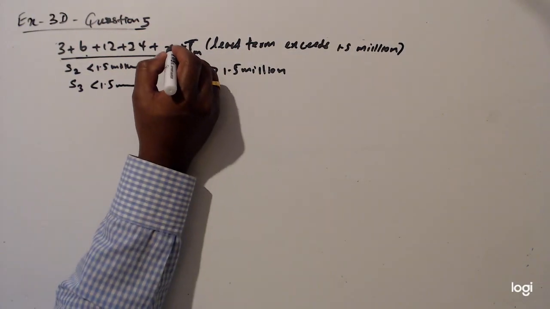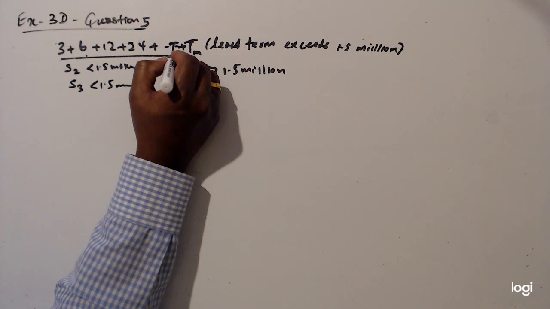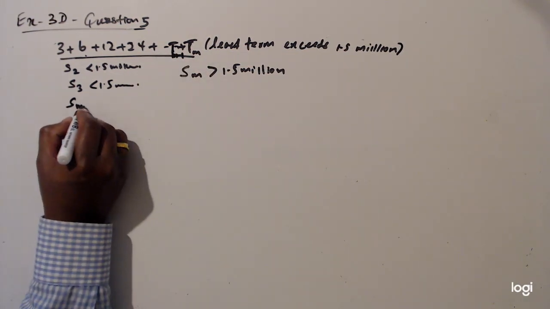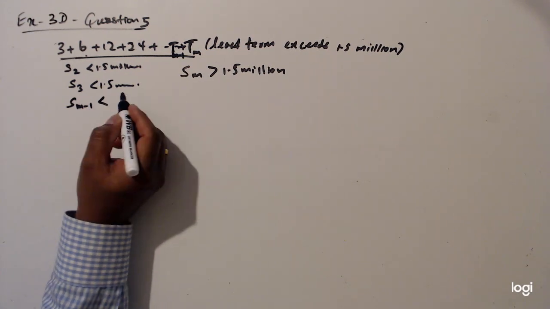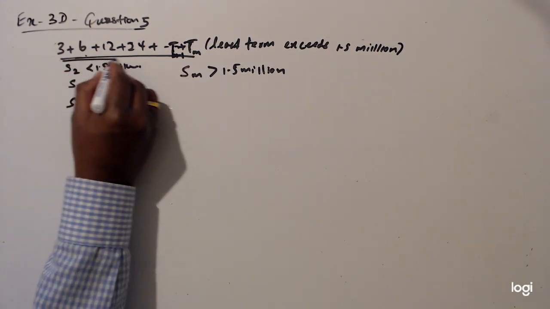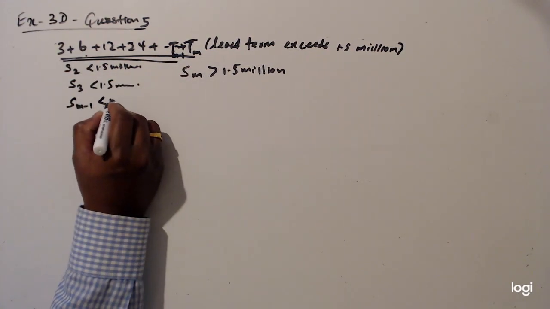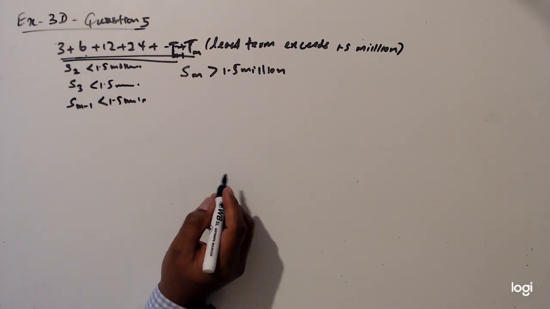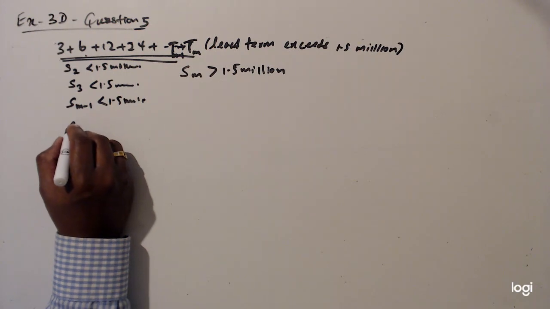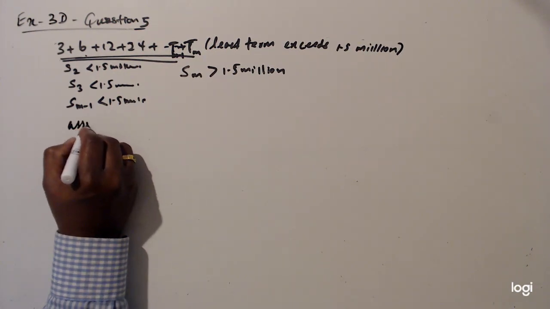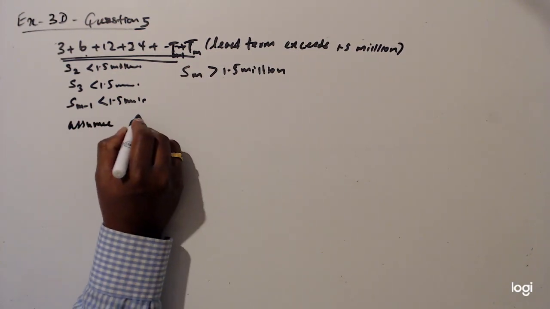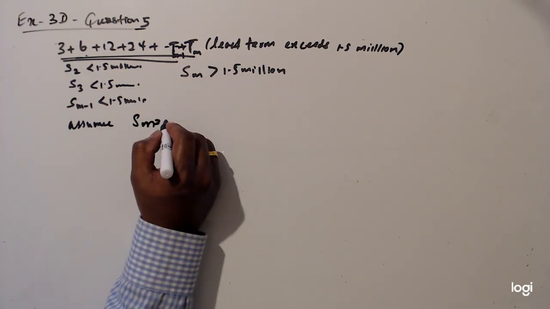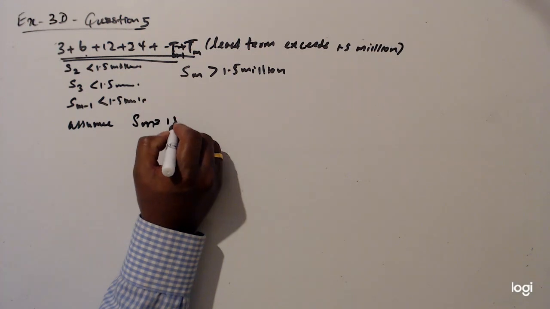It means if you take Tm minus 1, one before that, so the sum up to Tm minus 1 is less than 1.5 million. And so we'll start by assuming Sm equals 1.5 million.